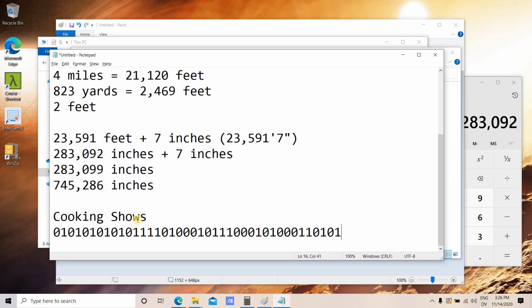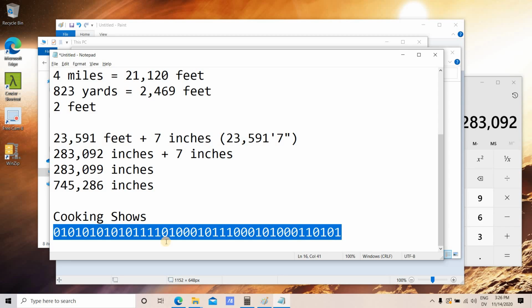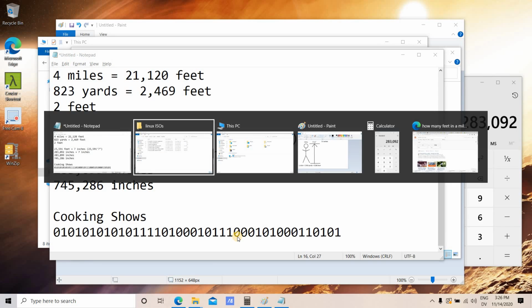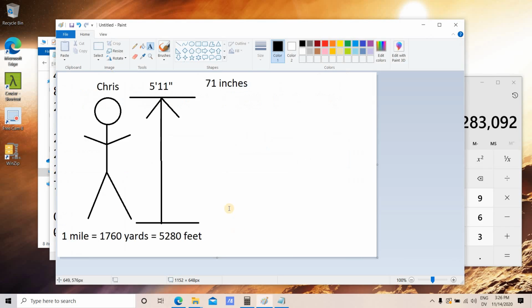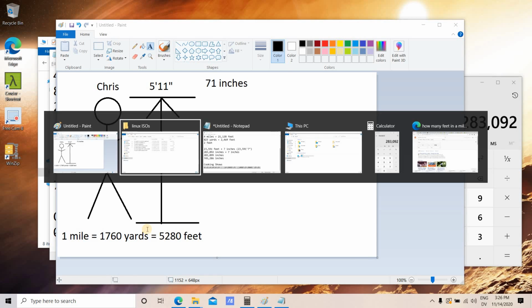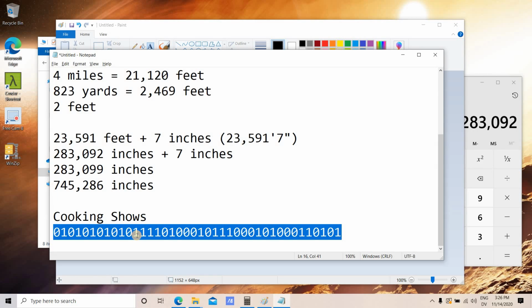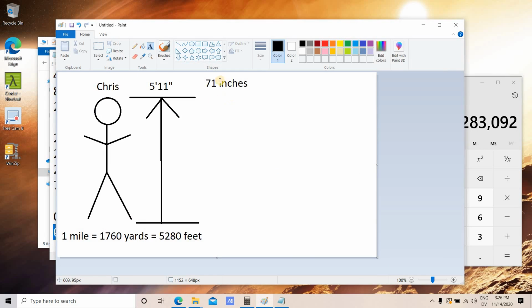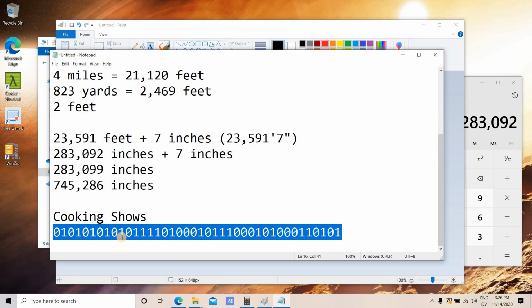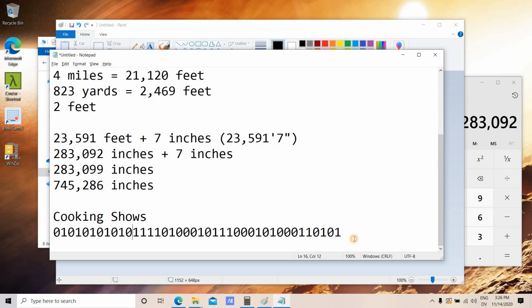Your computer doesn't know what this is. It only knows what this is. And this being a number, your computer will actually be able to take this and convert it to something else, so this might be something like that.